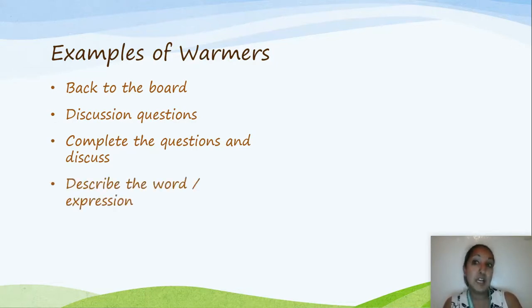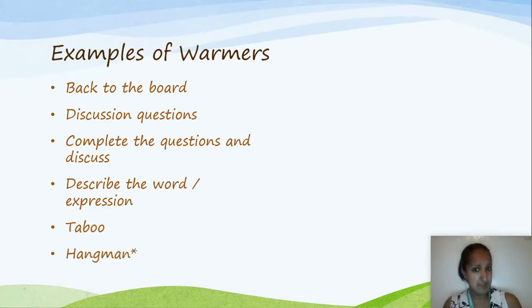You could have learners describe a word or expression or a concept that you'd like them to cover, and that helps them to recap on what they should already know. You could build on that by providing them with some words that they can't use when they're describing to their partner or partners.